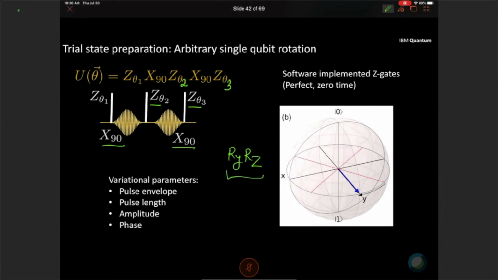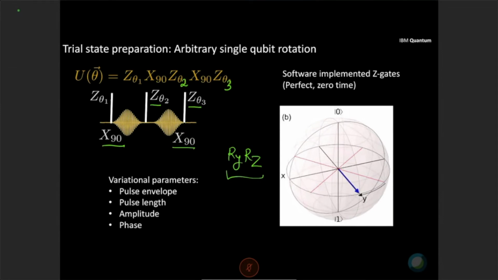It's completely equivalent. If you translate that change in frame to all subsequent X and Y pulses, it will have the same effect as applying that Z rotation. So this is something you can do in software. This is what is done in Qiskit as well. So these are going to be perfect, and they'll have 0 physical time.